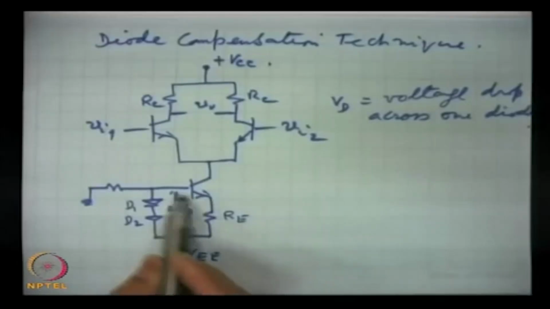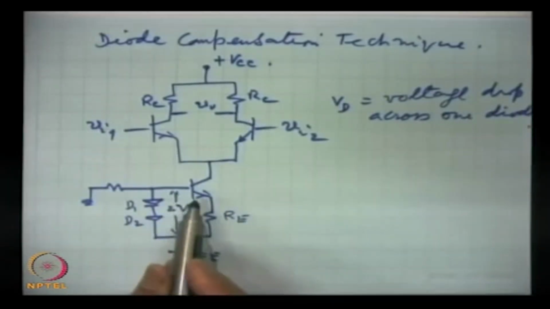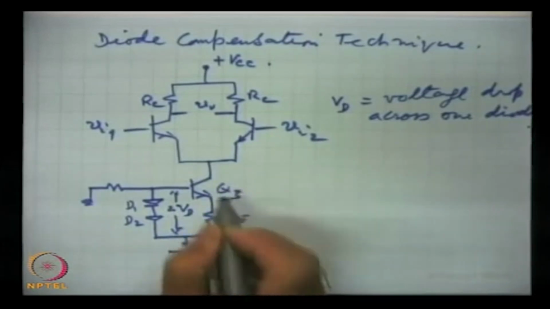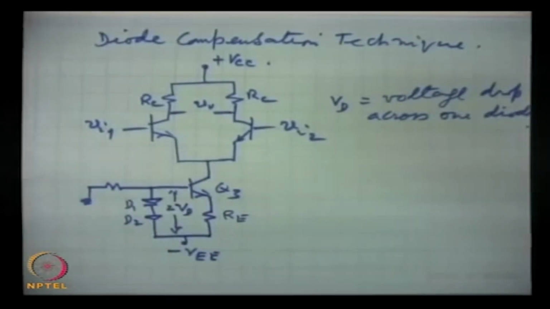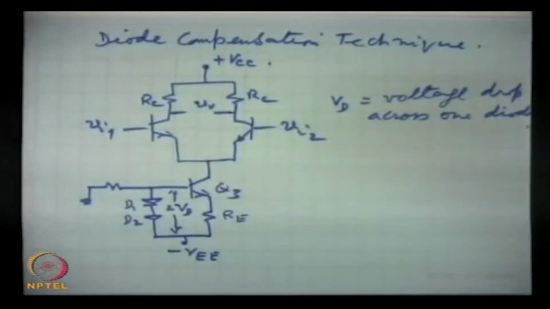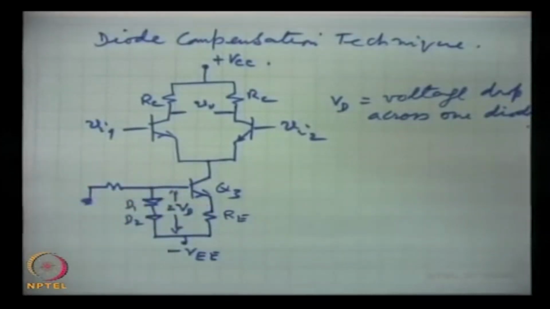The important thing is that the characteristics of the emitter base junction of the transistor Q3 are the same as these diodes. We have chosen not just any diode, but diodes which have identical characteristics to the emitter base junction of the transistor.